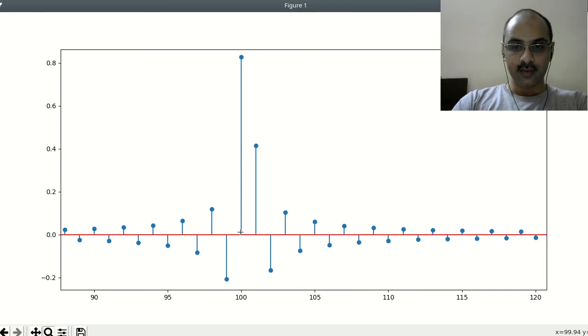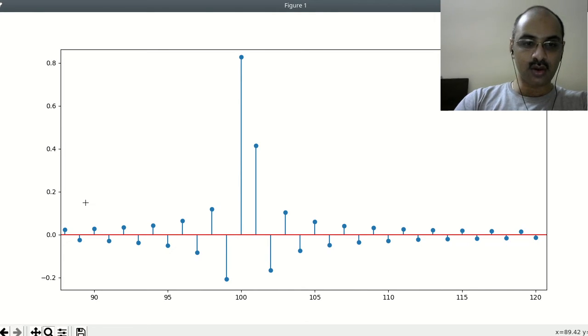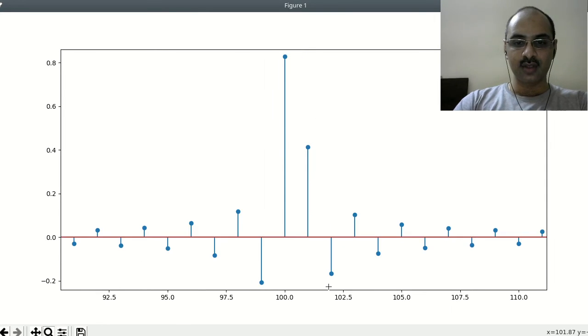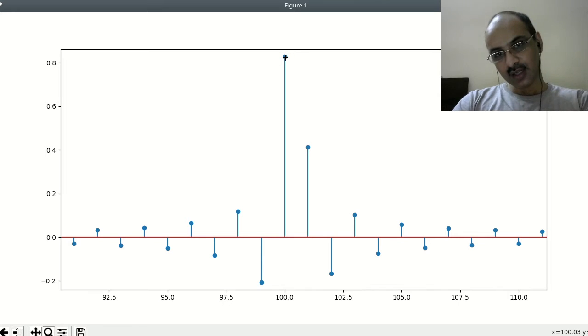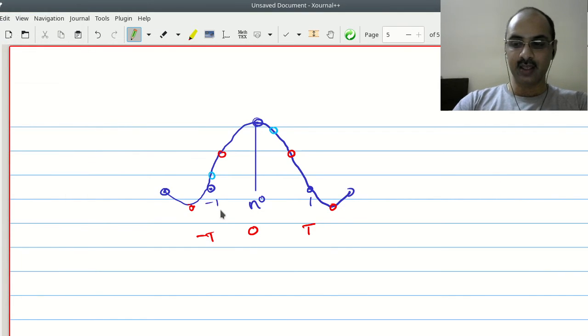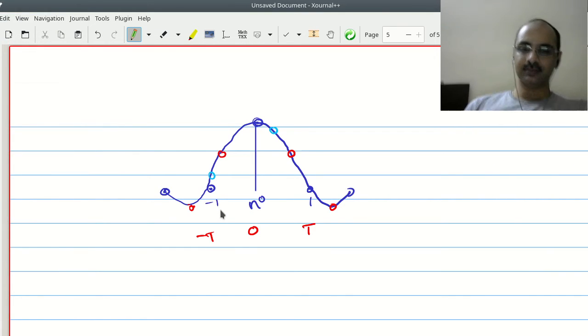Oh, I have to go to 0 point, I'm sorry. The symmetric point is over here, so over here this is the middle, over here it's at the 1/3 point, here it's the minus 2 by 3 t point. So this is essentially what is happening with the fractional delay.